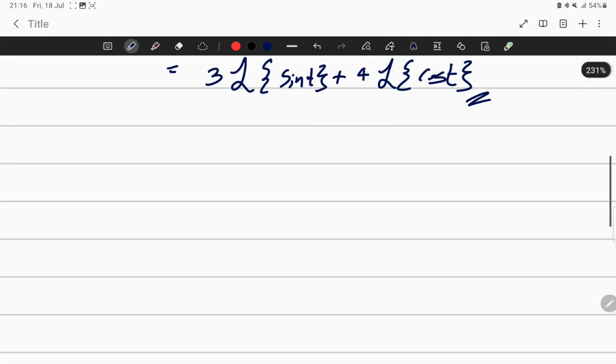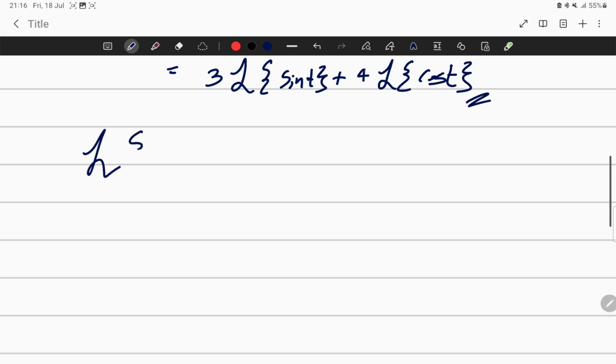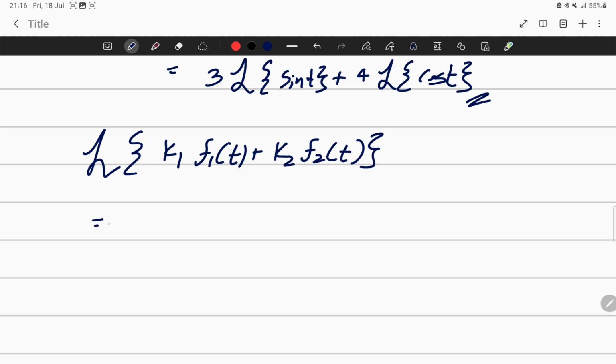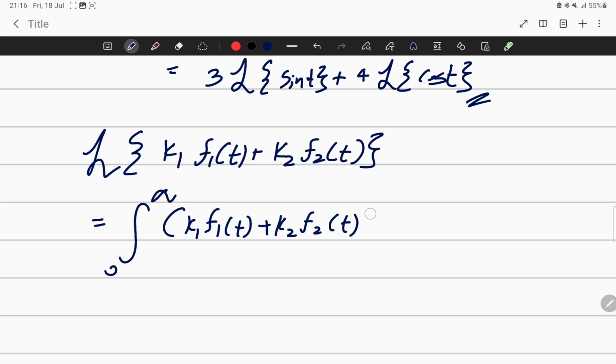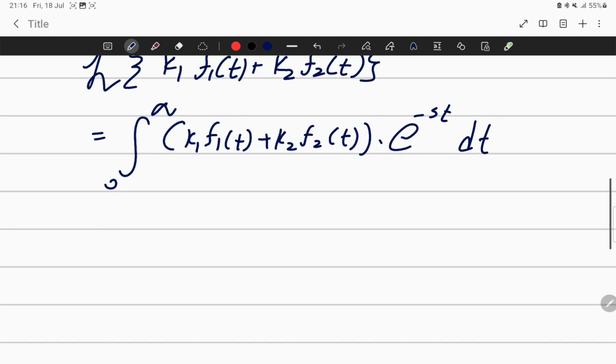Now I have Laplace transformation of k1 f1(t) plus k2 f2(t). So I can write the definition: integral from 0 to infinity, the function is k1 f1(t) plus k2 f2(t), times e to the minus st dt.